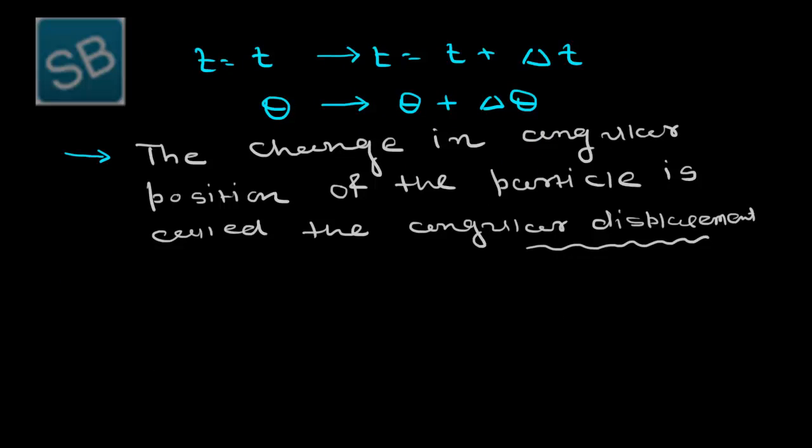It is the actual result of the change in the time interval as well as the change in angle. Now suppose any one of these changes is not happening. Suppose the time interval is not changing but the value of the angle changes. Such possibilities do not occur in angular displacement.